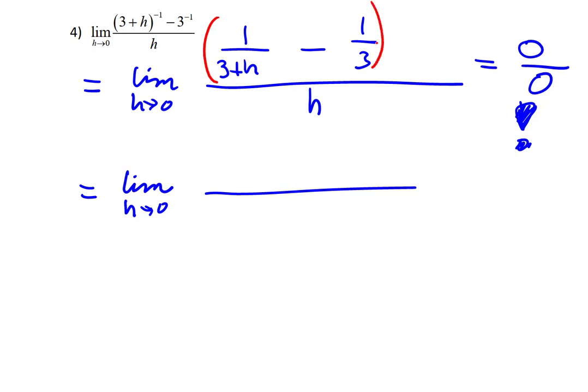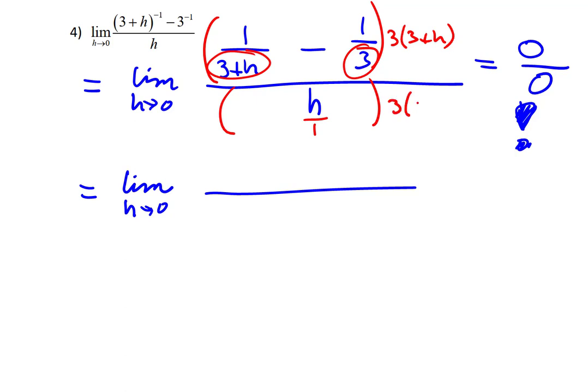One way would be to multiply the top and bottom of this fraction by what sometimes is called the minor LCD. That is, if you look at each of these terms, they all have a denominator, a little one in terms of font size. So like the 3 plus h, the 3, and then beneath this h is actually a 1. So the LCD of all those denominators would be 3 times 3 plus h.